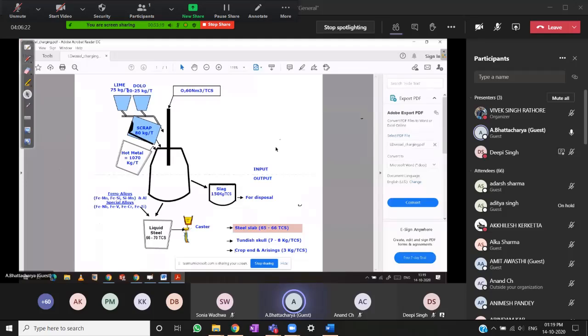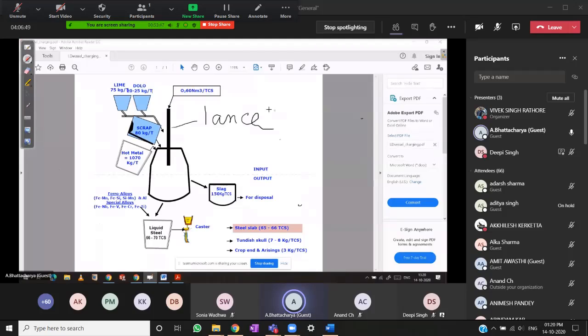I'll show you the video also. Now here, hot metal is added, lime is added, dolo is added, dolomite, one of the raw materials. Then this one is called the lance.